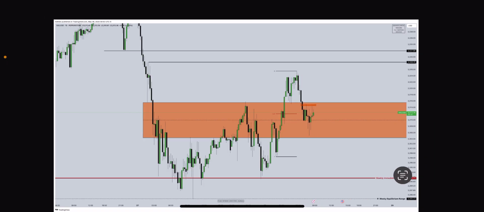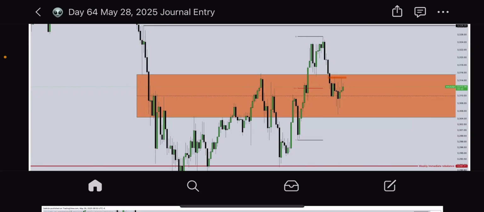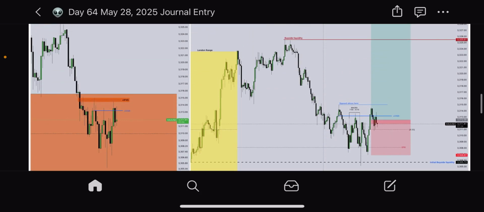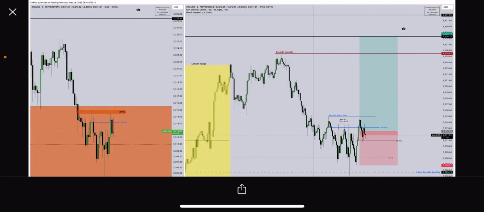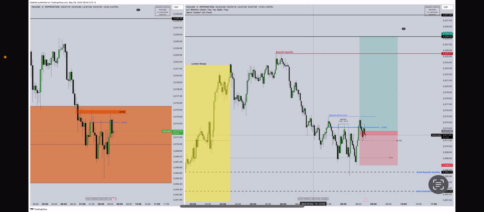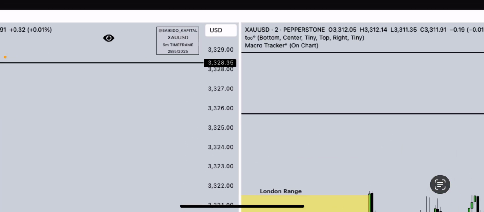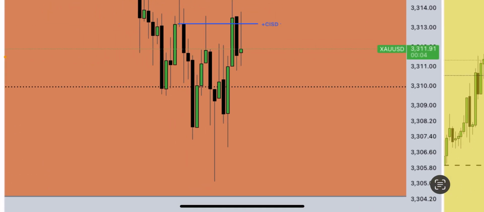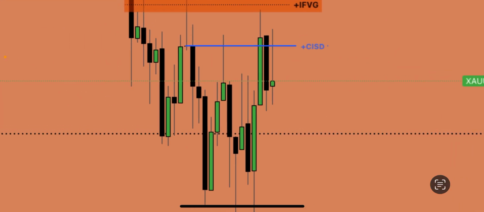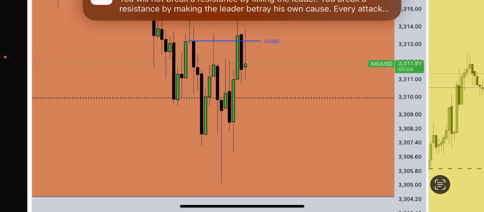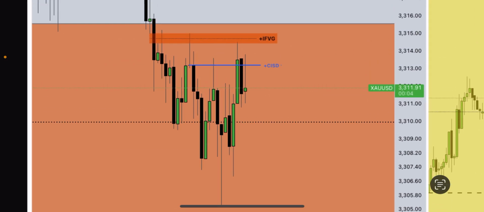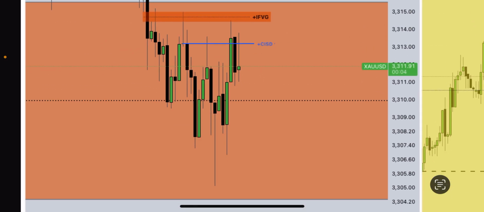And then I just wanted to get a confirmation on 5 minutes, right? So here's my 5 minute on my left. The 5 minute actually gave us a change in state of delivery by closing above the last down close candles at the right time.